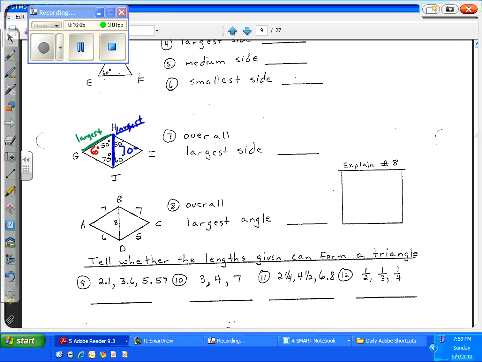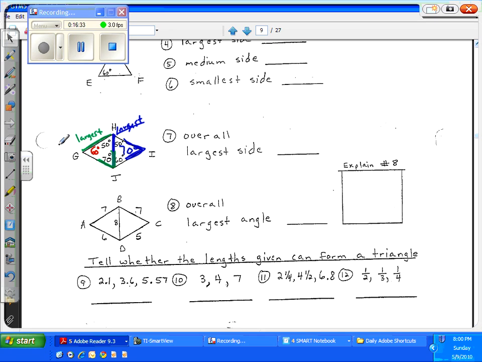Now, HJ is the largest side of the triangle on the right because it's opposite the largest angle. And I've color-coded the blue side opposite the blue angle. And we know that GH is the largest side of the triangle on the left because it's opposite the biggest angle of the triangle on the left.